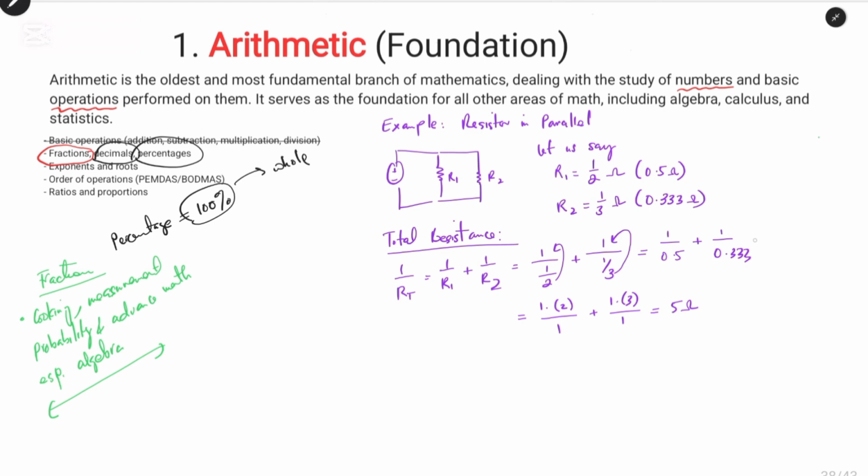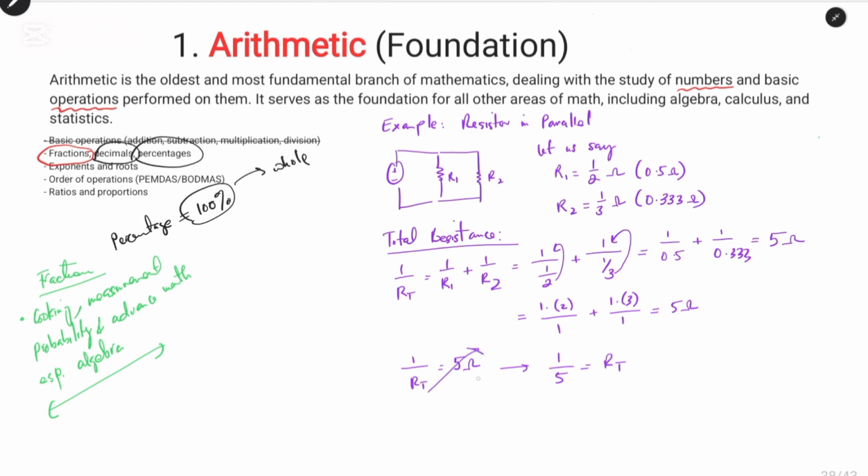And simply, if you use your calculator, you should have 1 divided by 0.5 is 2, and 1 divided by 0.333 will give you 3, which will also give you 5 ohms. And now we have 1 on the total resistance is equal to 5 ohms. So we normally transpose. We can do a transpose in that case, where you have 1 on 5 is equal to the total resistance.